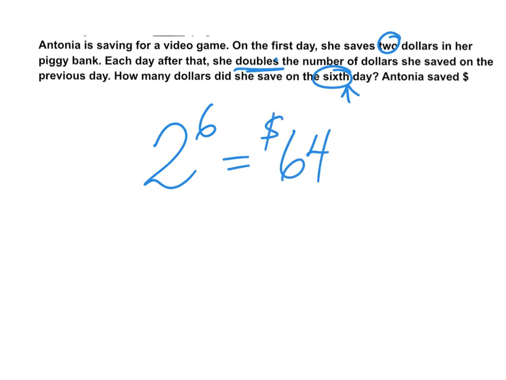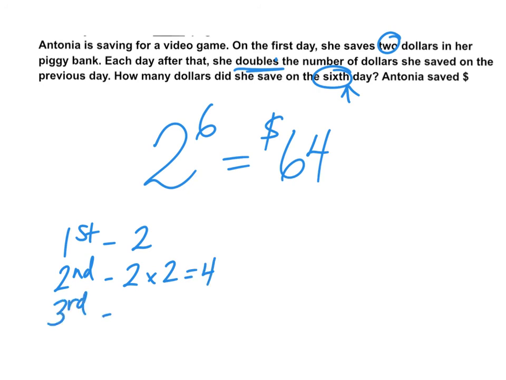I could have also worked that out like I did on the previous problem and just thought, okay, here's the first day, and I know she saved $2. On the second day, she doubled that, so her $2 doubled. That would be 4. On the third day, she has $4 and she doubles that. That is 8.